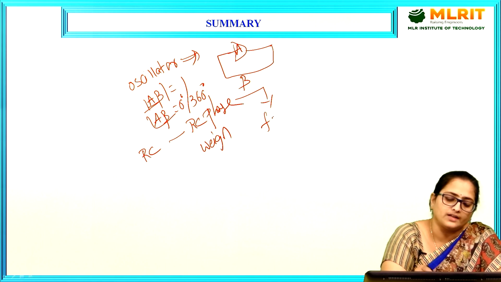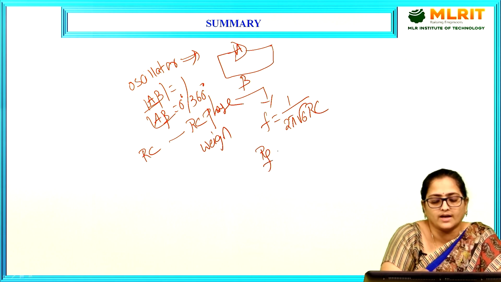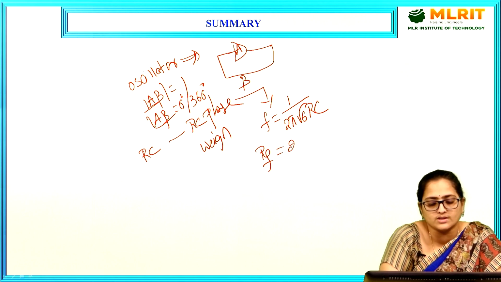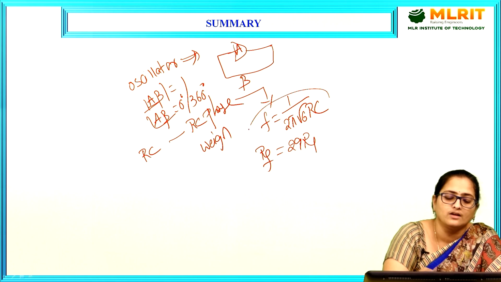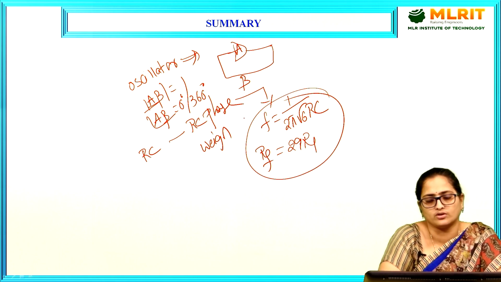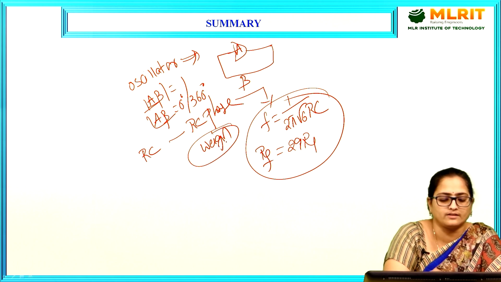We got f is equal to 1 by 2 pi root 6 RC, and we also determined that the feedback resistance should be equal to 29 times R1, so that you will get perfect oscillation. Next, in the next session, we will deal with the Wien bridge oscillator.